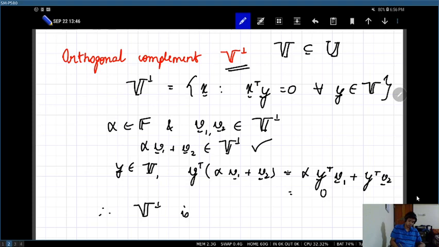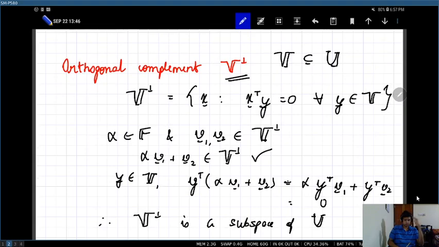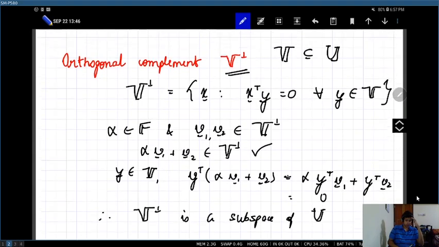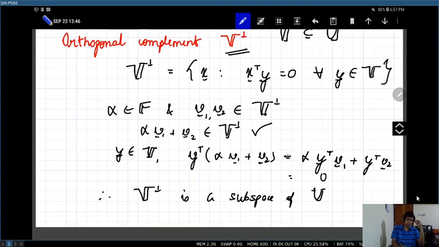So V perp is a subspace of U, right? But one thing to note is that V perp is a subspace of U, and every vector in V perp is orthogonal to every vector in V. But two important things need to be noted.